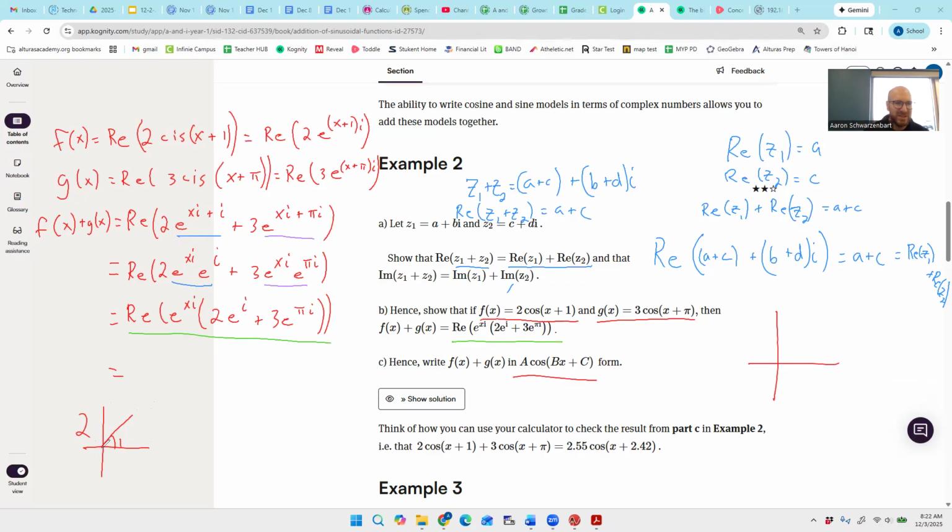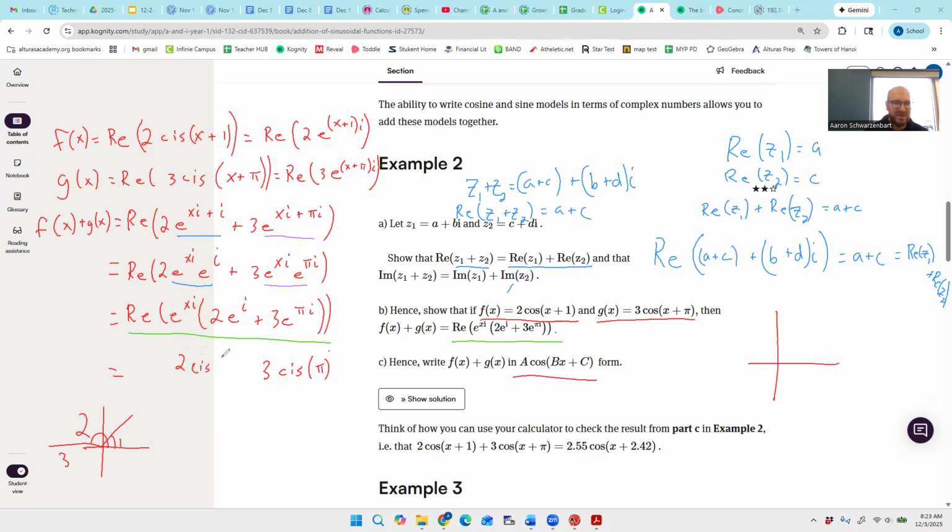That makes sense. And 3e^(πi) is 3 over here, because this is like 3 cis π.